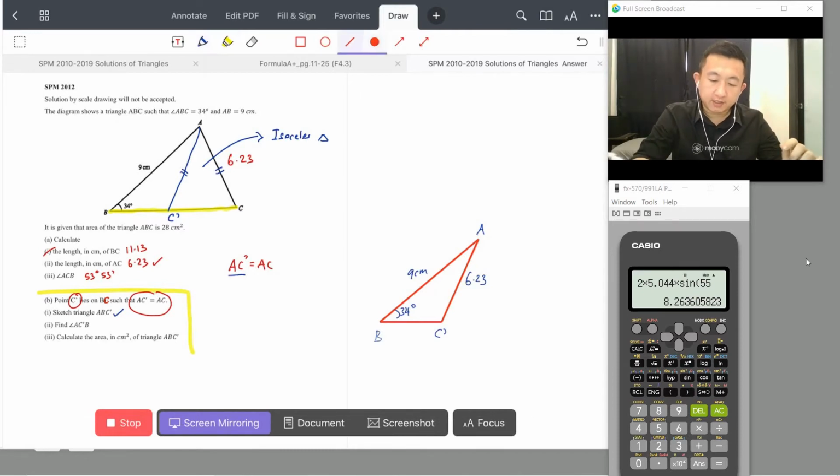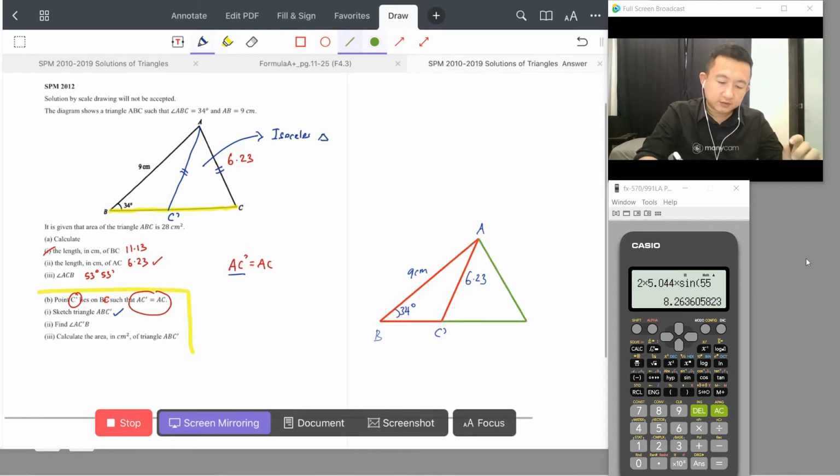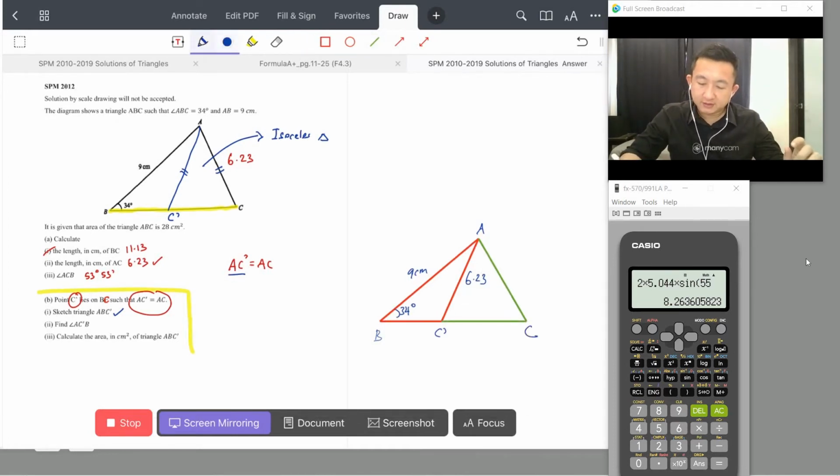If you want to draw more, you can show it like this also. And then you say that this is point C, and this is also 6.23. Okay, it's up to you if you want to have more of this. This is how you sketch it.